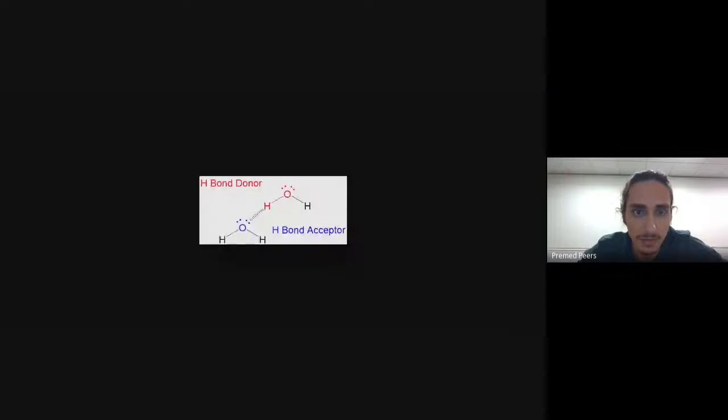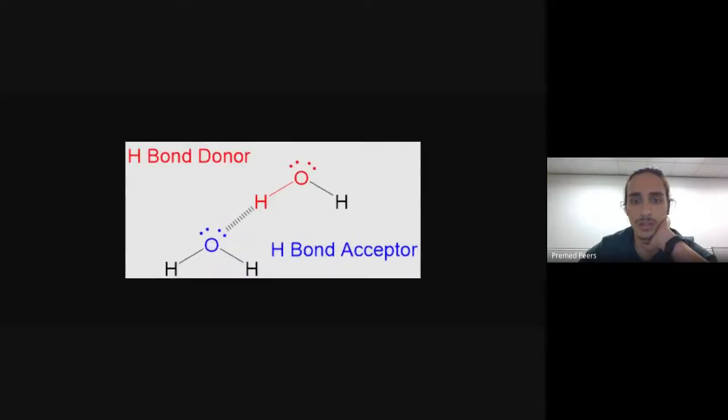Okay. Do you see this? Yeah. Okay, great. So I'm going to make this bigger just so you can see it. So basically, the difference between a hydrogen bond donor and a hydrogen bond acceptor is that the donor has the hydrogen. The donor gives the hydrogen because it's hydrogen bonding. The acceptor has the lone pair. So does it serve as an acceptor or a donor?